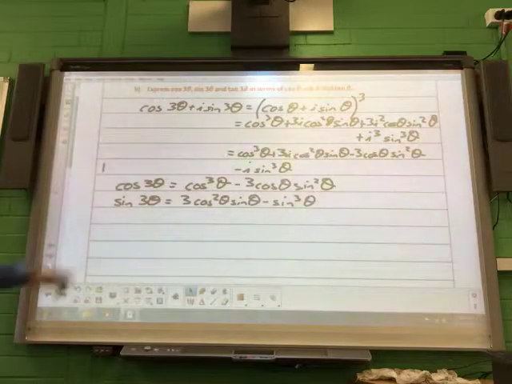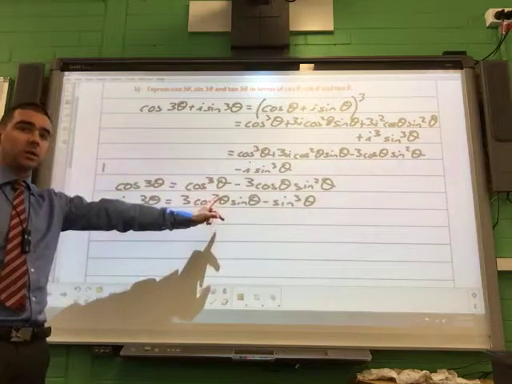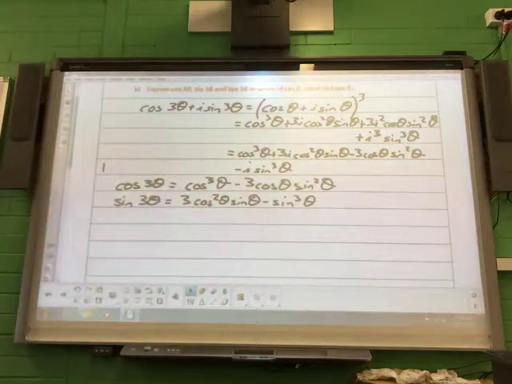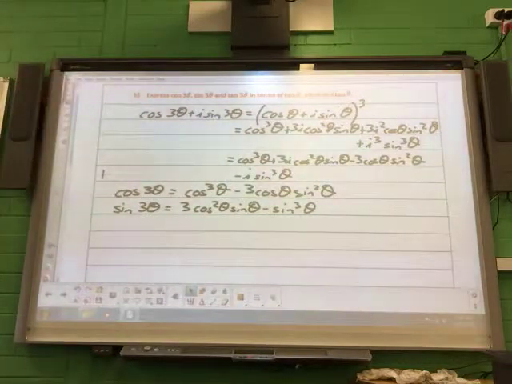And again, if I need sine 3 theta purely in sine theta, I can manipulate cos squared theta using sine squared plus cos squared is 1. Expand it out and I'll have an expression just relating to sine theta. But I have answered the question. You need to express cos 3 theta, sine 3 theta and tan 3 theta in terms of those 3 variables, which is what I've got.